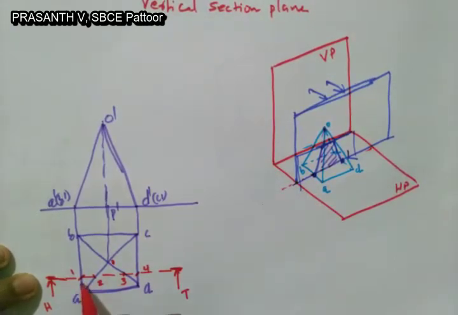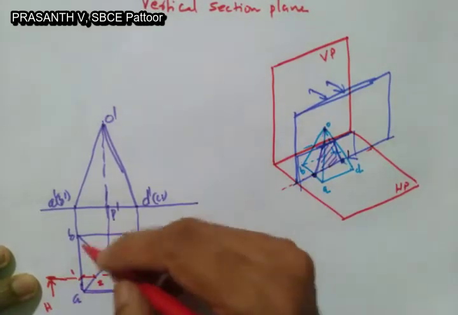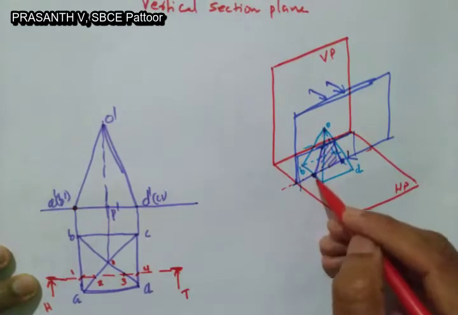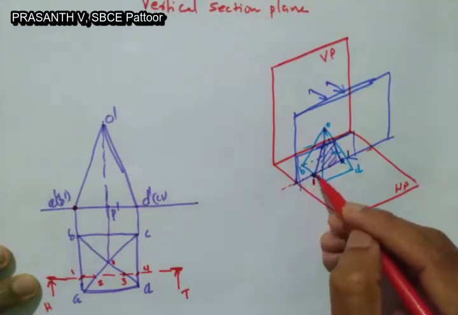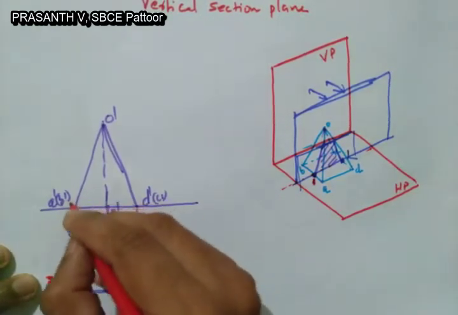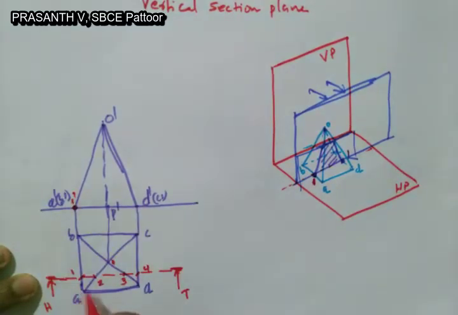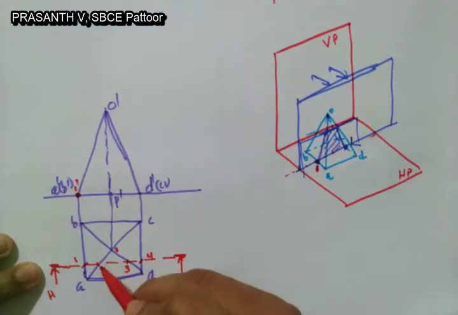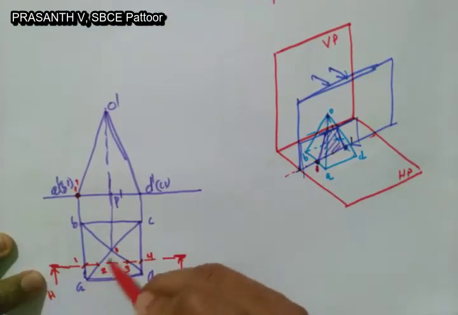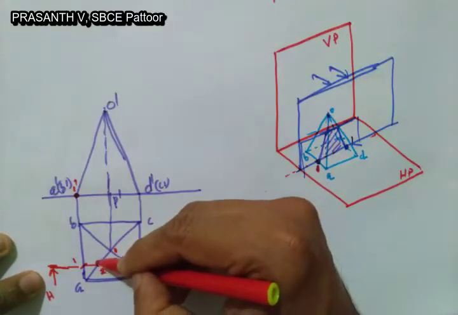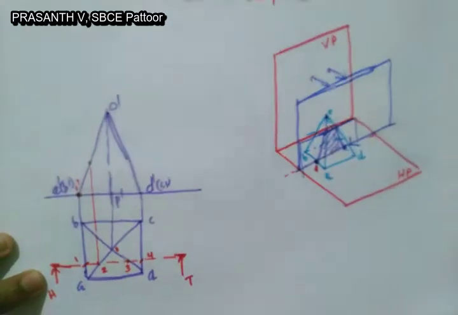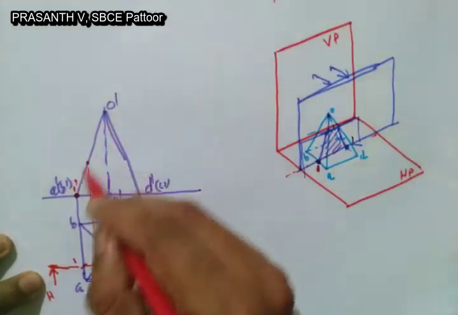If we project these points to the front view, you see point 1 will come here, since this cutting point is on the base, we can represent 1 dash here. Similarly, for 2, the cutting point 2 is on slant edge AO, so you just project from 2 to cut on a dash o dash.